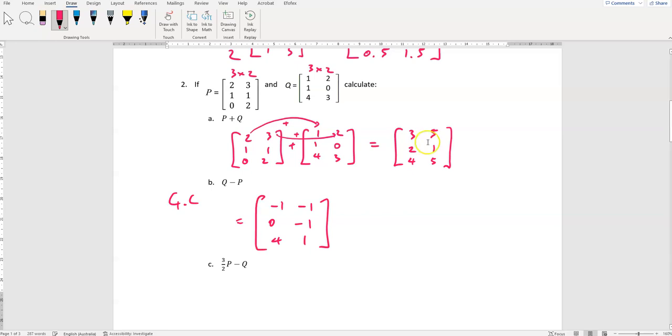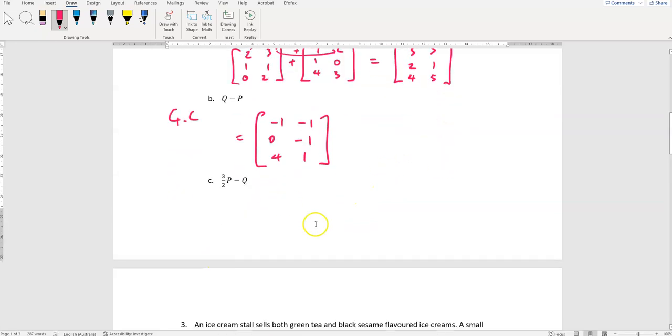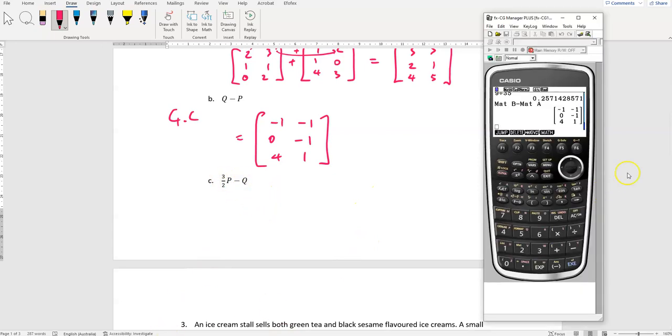Alright. Now the 3 over 2 P minus Q. Let's have a look. Now P is matrix A. So I'll go 3/2, which is 1.5, or I can do the fraction button. So let's do the fraction button. So I go 3/2 matrix. In this case, P is matrix A, right?